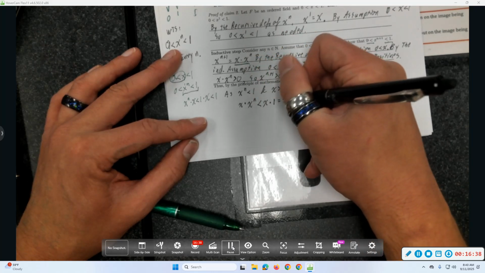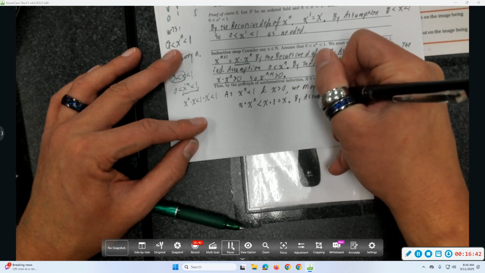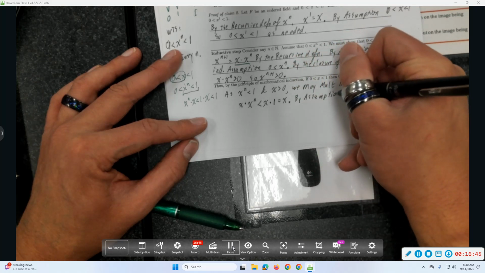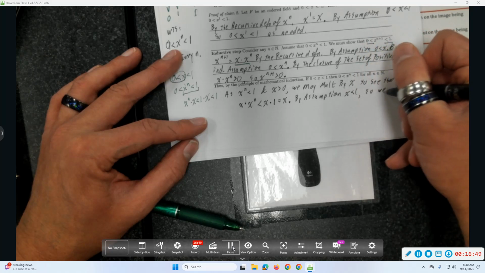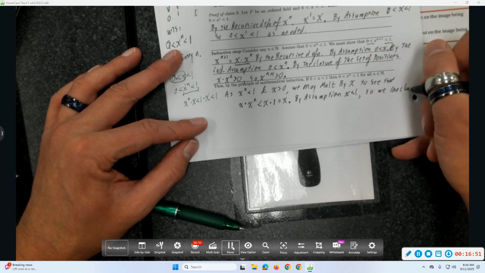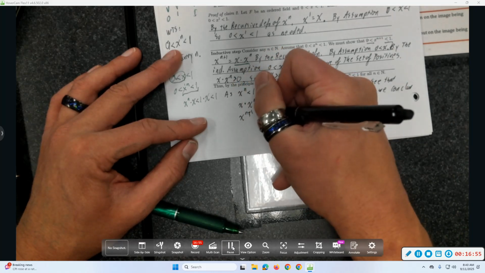Oh cool, that's x. By assumption, x is less than 1, so we conclude x to the n plus 1 is less than 1.